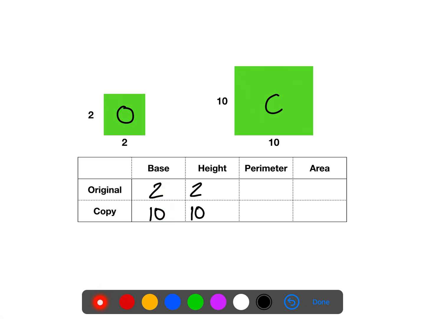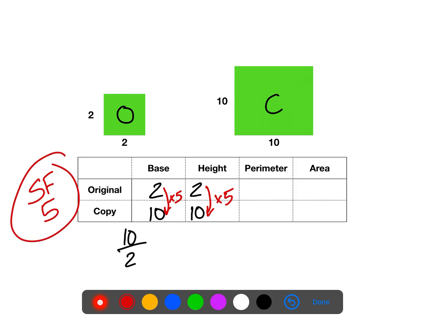I could set up another ratio where I take that measurement of the copy over the original and simplify that down. Or hopefully just by looking at this, I can see that if I take 2 times 5, I'll get 10. And the same rule applies to the height. All right, so my scale factor is 5.